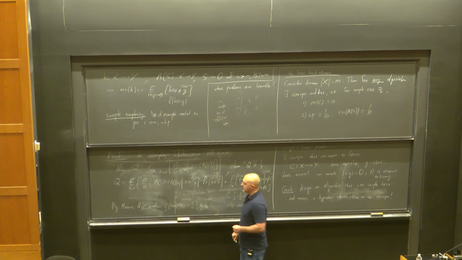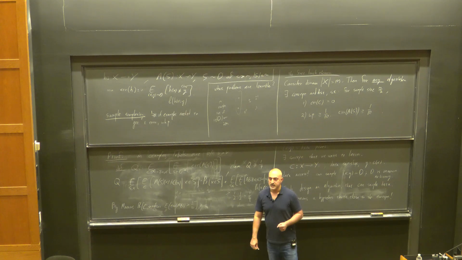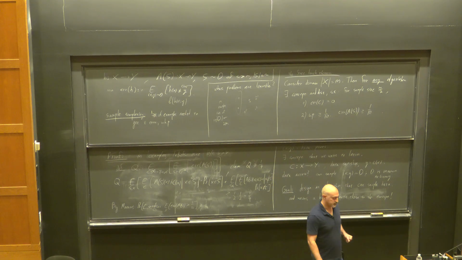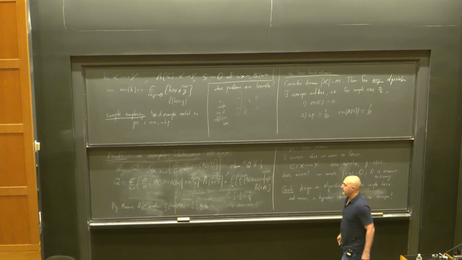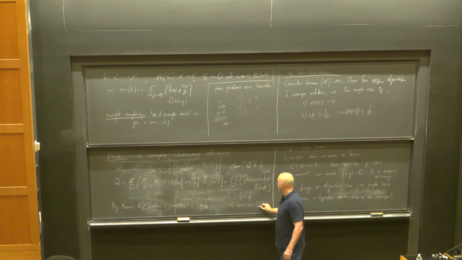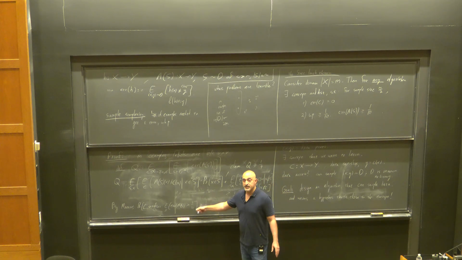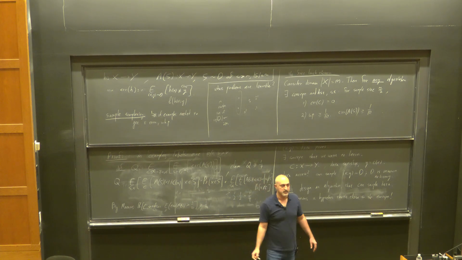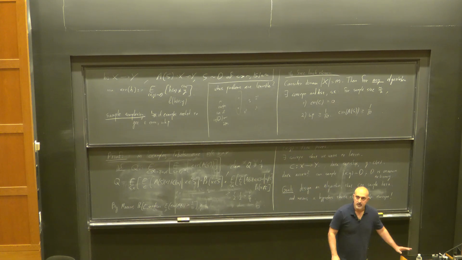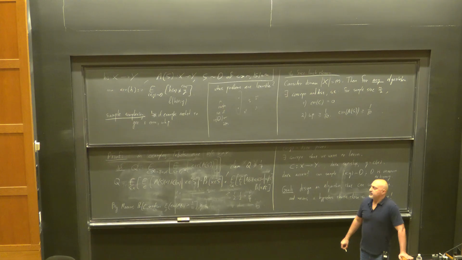Because everything here is non-negative, I can apply Markov inequality. Otherwise, if this is less than 1/10, then my whole expectation, this is a bounded random variable between 0 and 1, will be smaller than the 1/4 that I have. So what I've showed you, is this okay? Is this clear? Take a minute for a question, maybe.